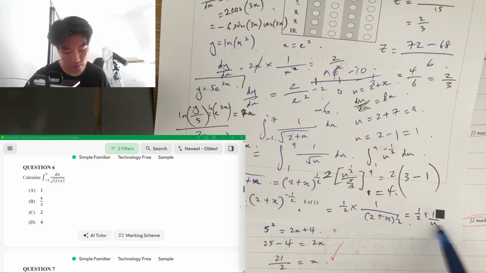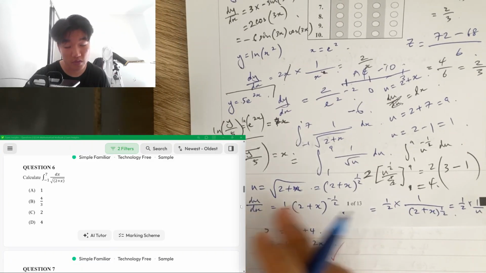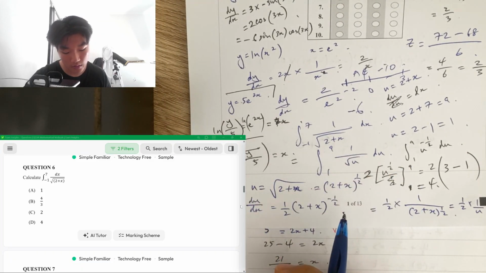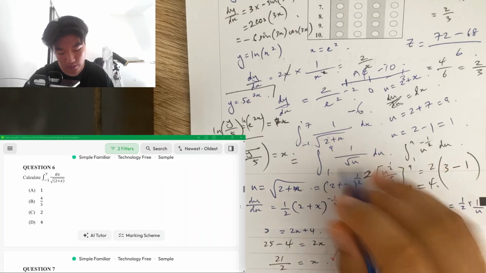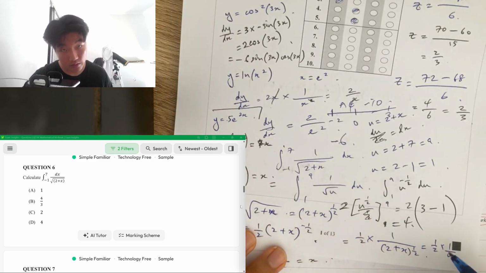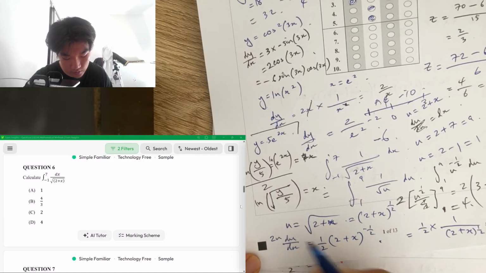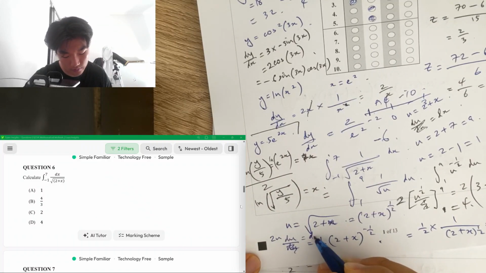This should actually still work if we rearrange for dx and sub it back into the formula. So it's 1 over 2u, and to isolate, we multiply 2u to both sides, so 2u equals dx.